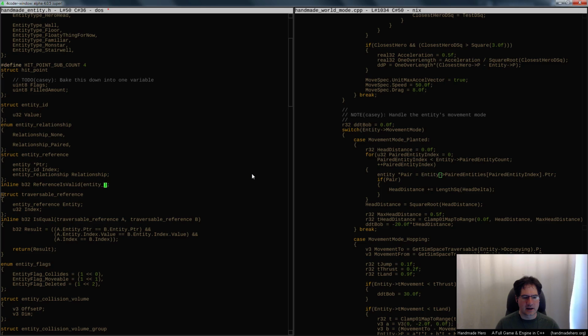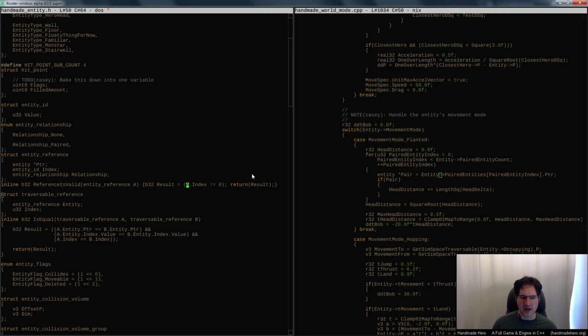Something like that. And it passes the entity reference so that you can always ask, hey, tell me, is this thing valid? And that'll always look at just the index.